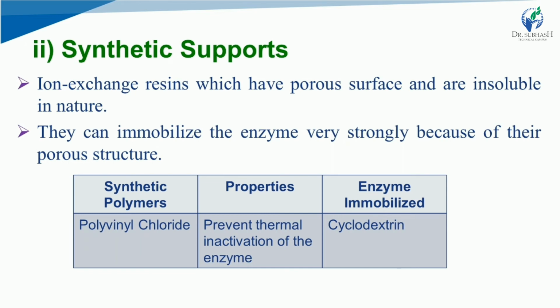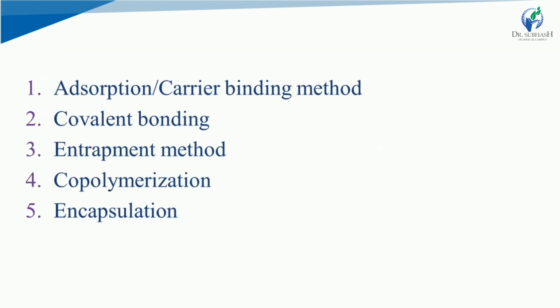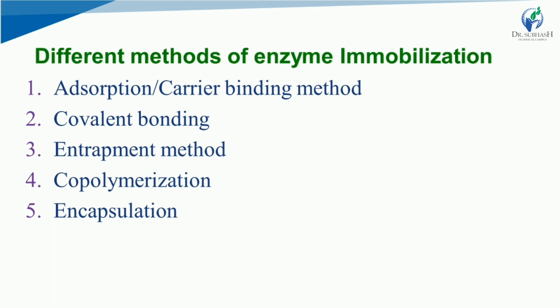As I said earlier, your homework is to look into what is meant by porosity and rigidity, because they are really important when it comes to enzyme immobilization. Next is about the different methods that you use for enzyme immobilization.